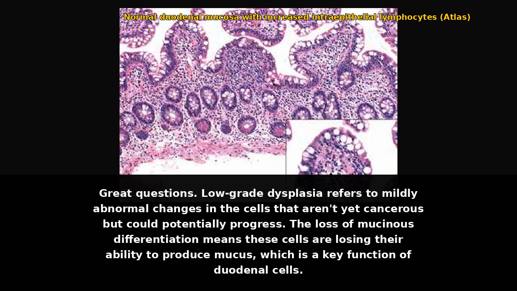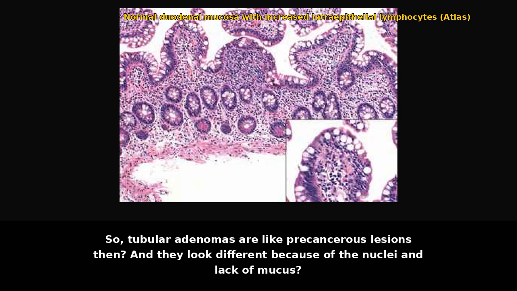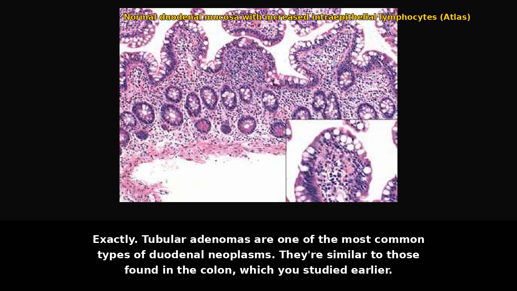The loss of mucinous differentiation means these cells are losing their ability to produce mucus, which is a key function of duodenal cells. So tubular adenomas are like precancerous lesions then? And then they look different because of the nuclei and the lack of mucus.